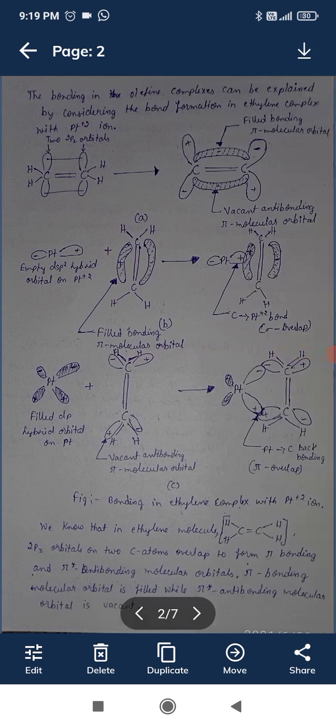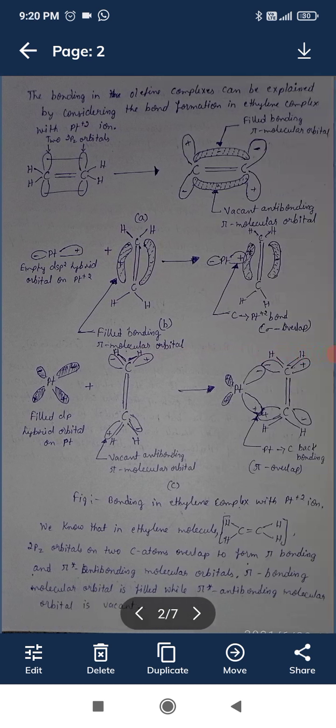As we already know, in the ethylene molecule, C2H4, there are two carbons joined by a double bond, and each carbon is bonded to two hydrogen atoms with single bonds.